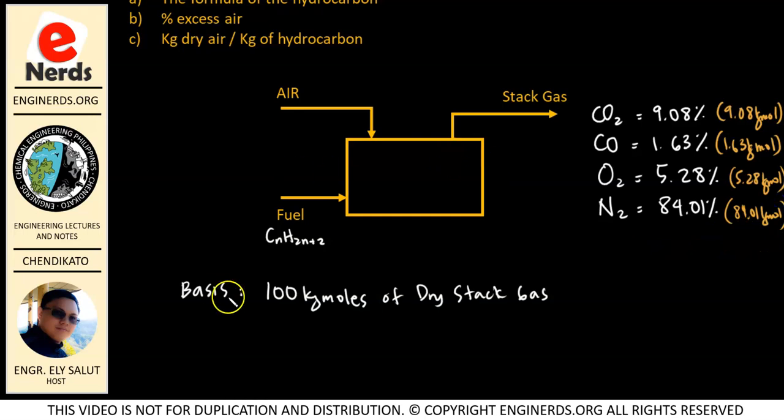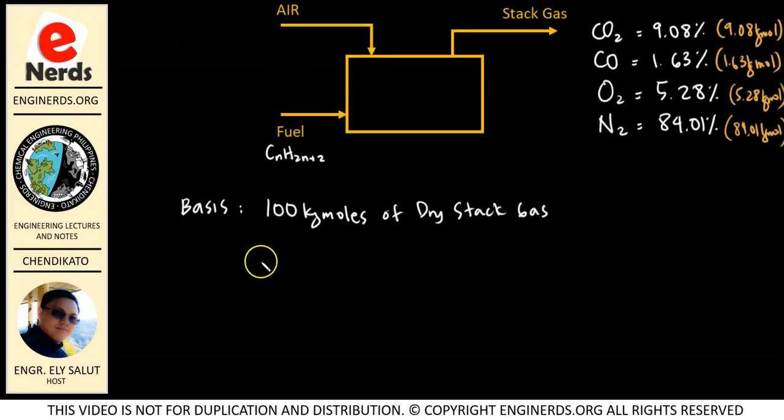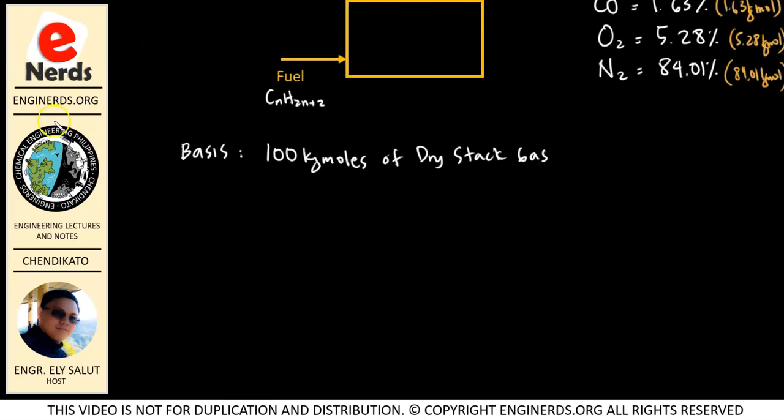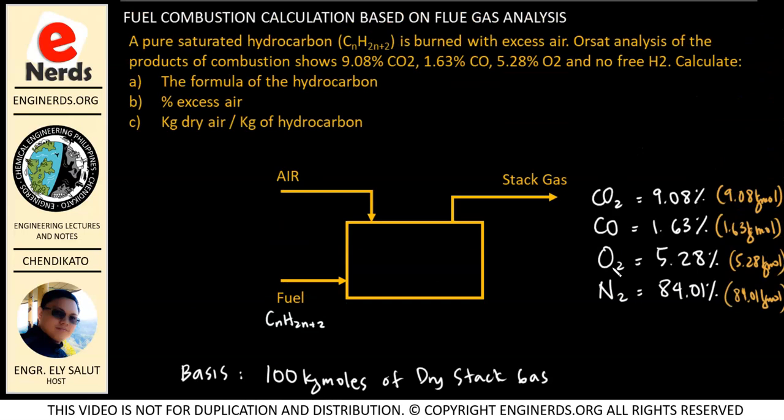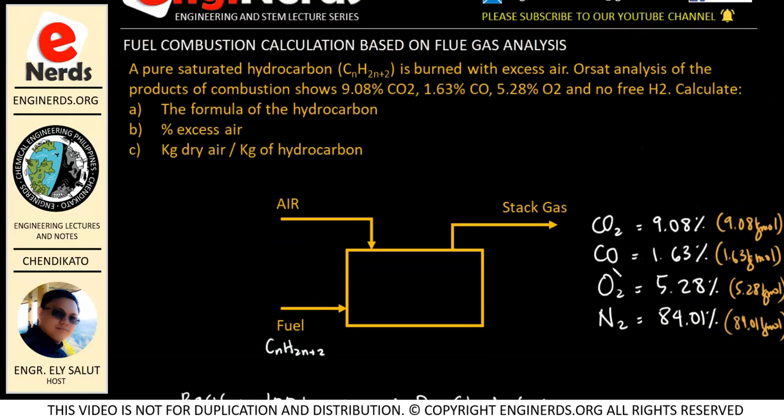So those are the values of our flue gas in kilogram moles, based on 100 kilogram moles of dry flue gas. Alright, so we now know our nitrogen. Our nitrogen is equal to 84.01 kilogram moles.